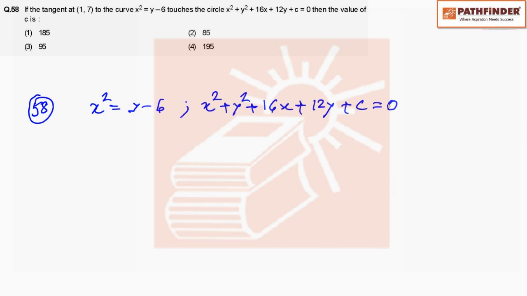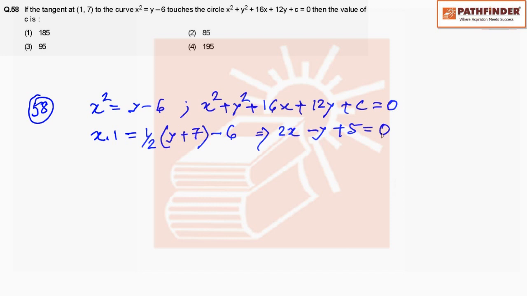That means the tangent at the point 1, 7 is given as x into 1 equal to half y plus 7 minus 6. That means it will be 2x minus y plus 5 equal to 0.